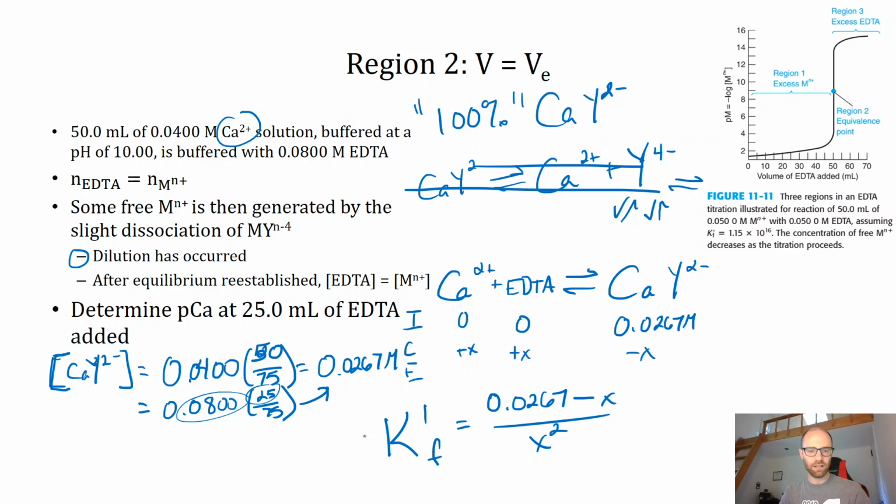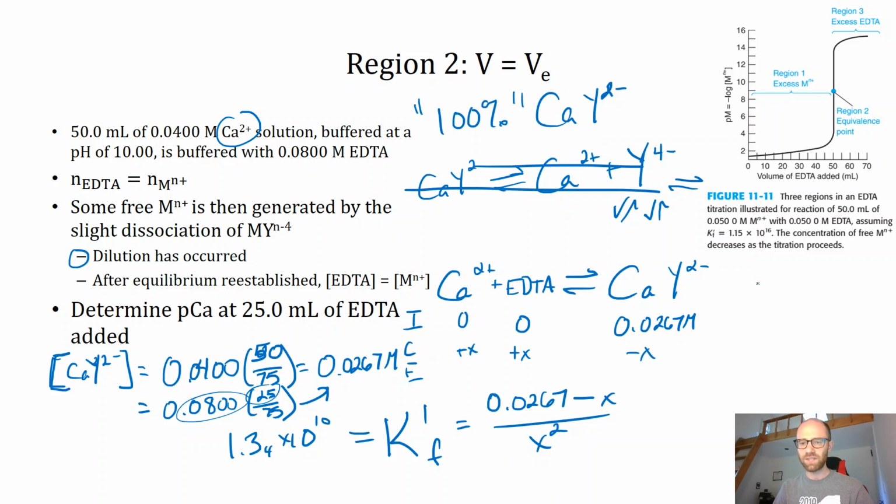Keep in mind, as a reminder, this is 1.34 times 10 to the 10th. That is, of course, the conditional formation constant. We're at a pH of 10, so that's 0.3 for alpha. I believe it was 10 to the 8.65 or something. I wrote that down. It's somewhere. 10.65, 10 to the 10.65, that's what it was.